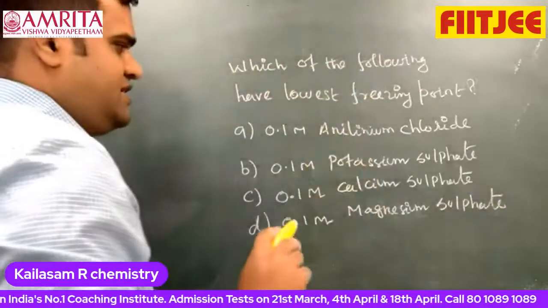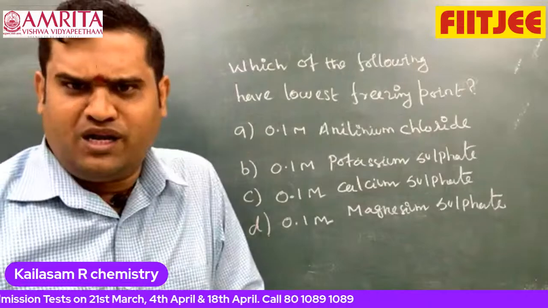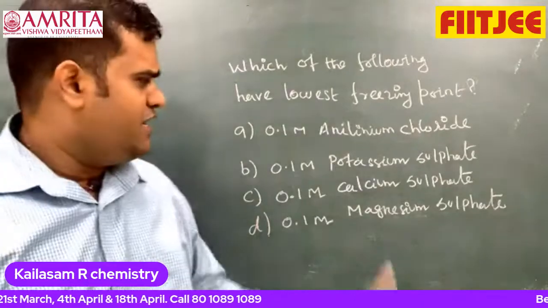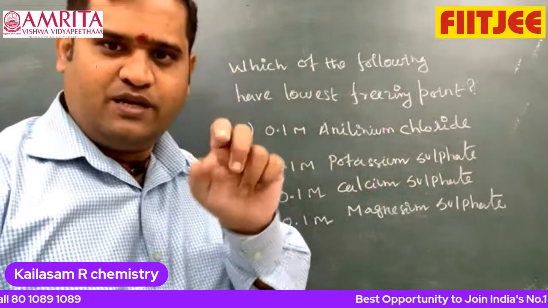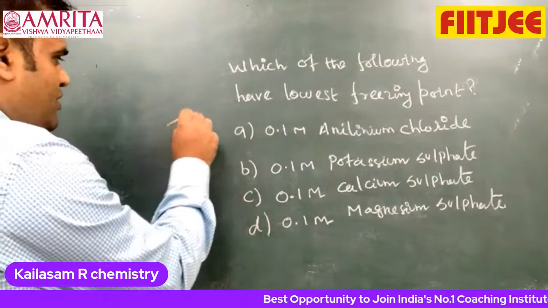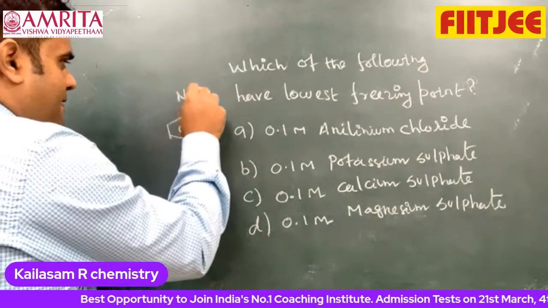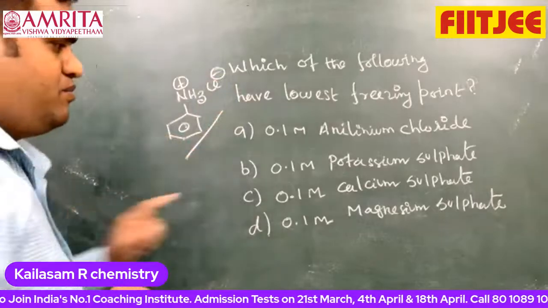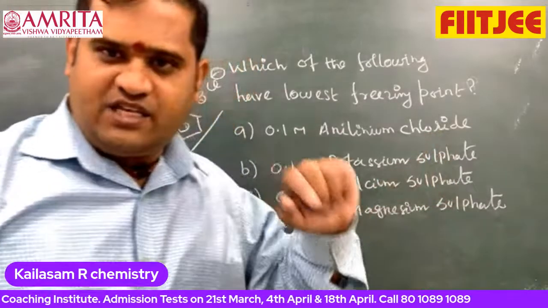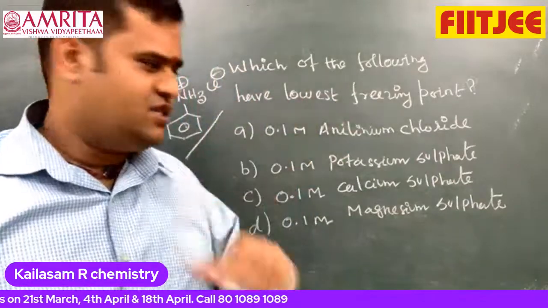So how to answer? Very simple. All are electrolytes. Here 0.1 molar aluminum chloride, i must be 4, because it gives Al3+ and 3Cl-. Calcium sulfate, CaSO4, is generally a sparingly soluble salt, but assume that it is ionized, so i is 2.